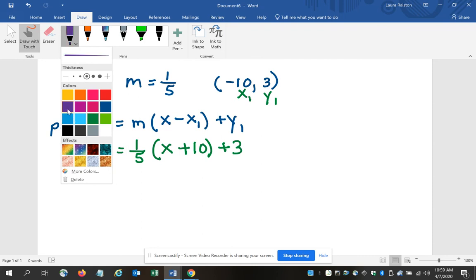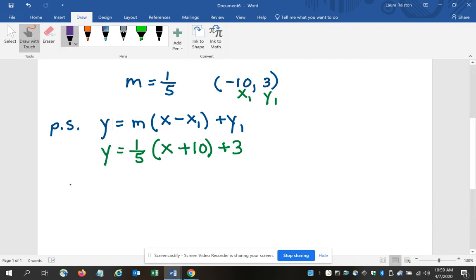Okay, so I need to simplify this by eliminating the parentheses. So I have y equals 1/5 times x is 1/5 x, 1/5 times 10. If I come over here to the side, 1/5 times 10 over 1 is 10 over 5, which is ultimately 2.